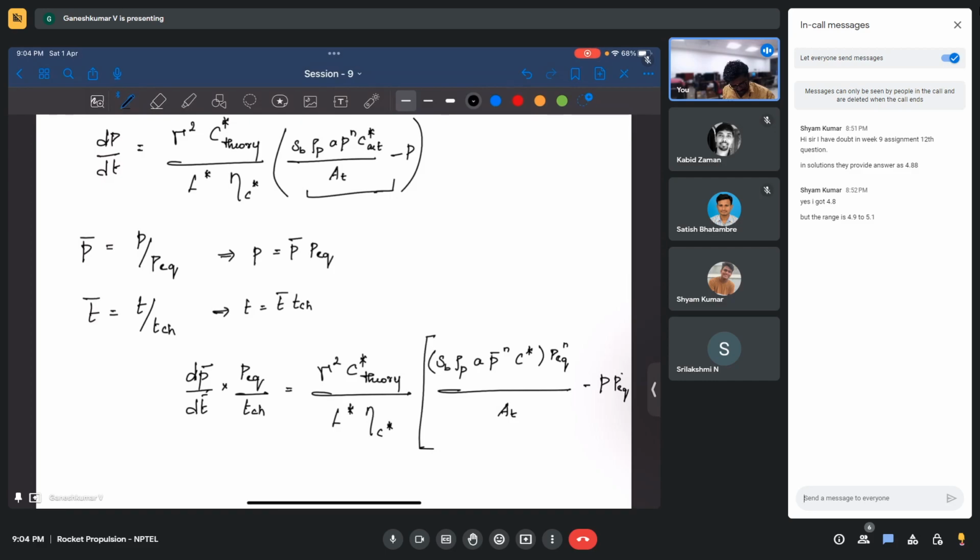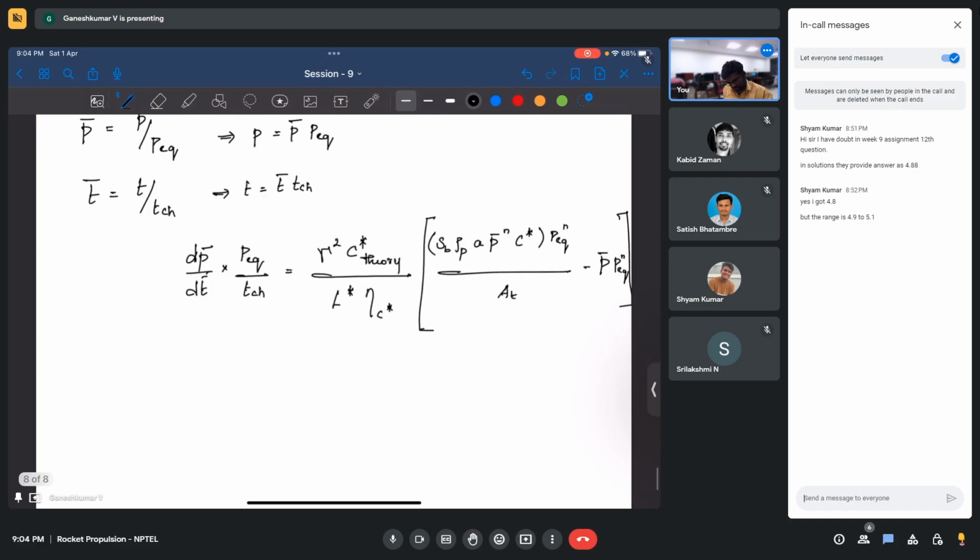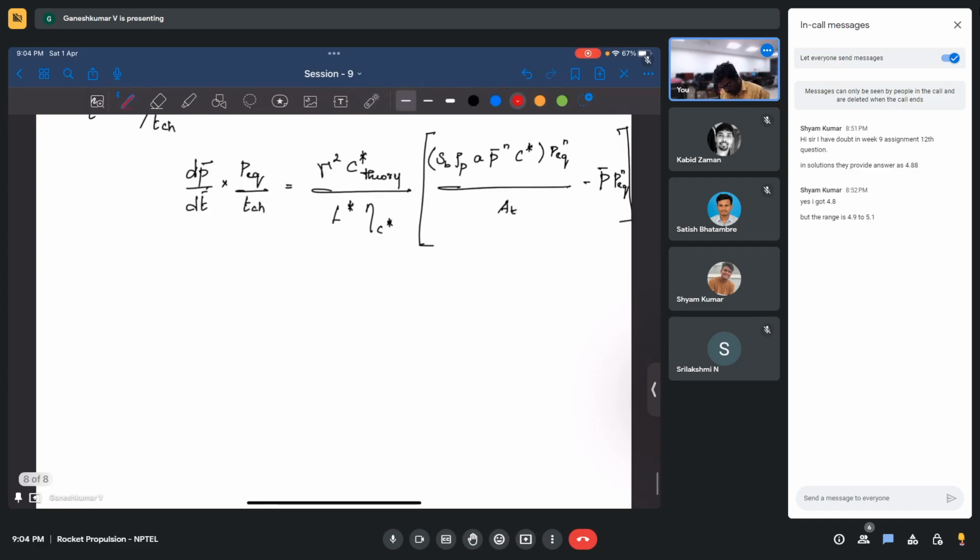So this is going to be P bar times P equilibrium to the power n. The burn rate times A C star divided by AT is nothing but P equilibrium to the power 1 minus n.